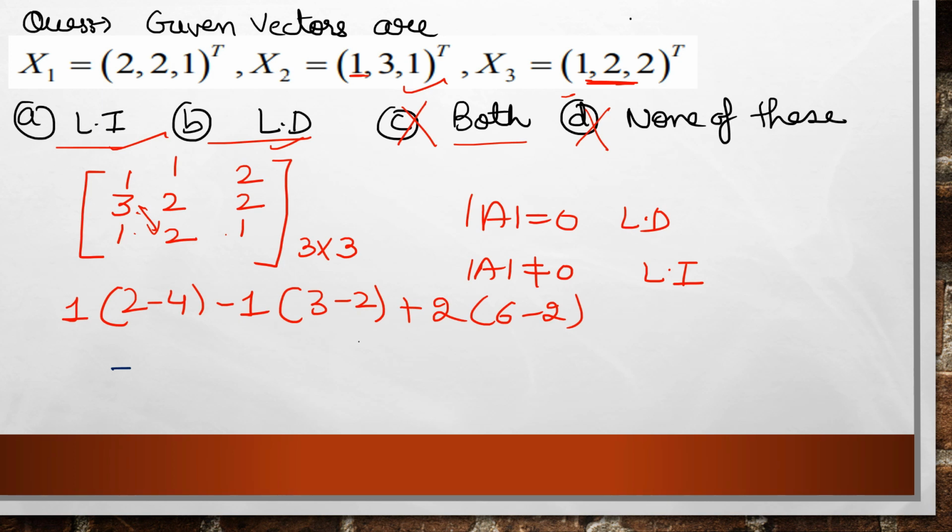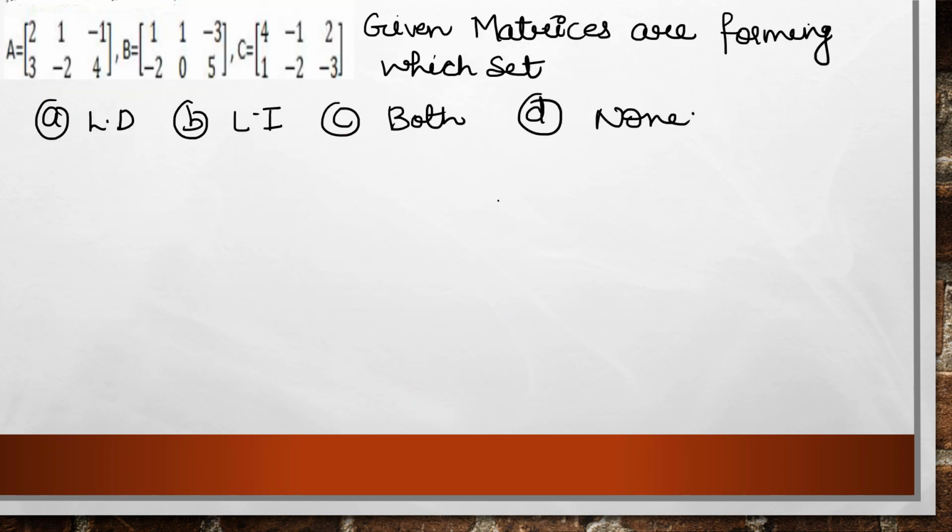So this is minus 2 and minus 1, and 6 minus 2 is 4, 4 into 2 is 8. So this is coming out as 5, which is not equal to 0. That means this is linearly independent, because the determinant has come out as non-zero. So option A is correct.